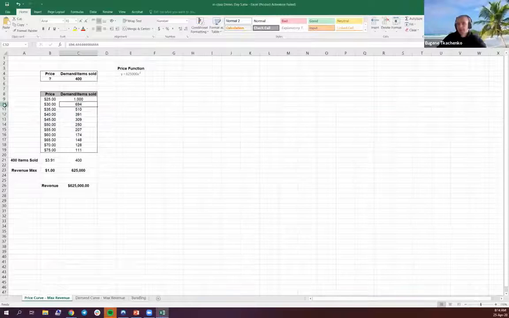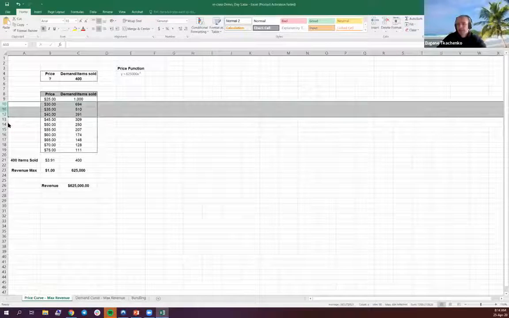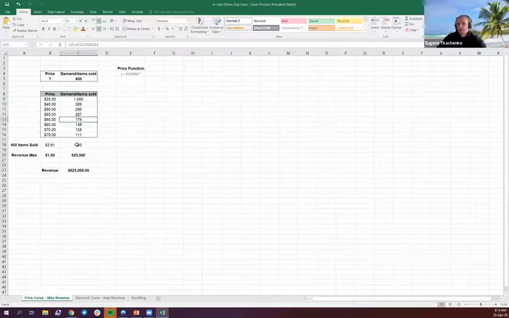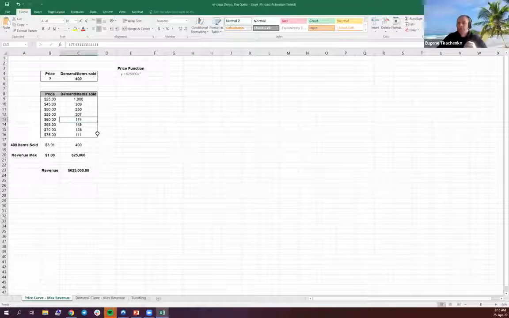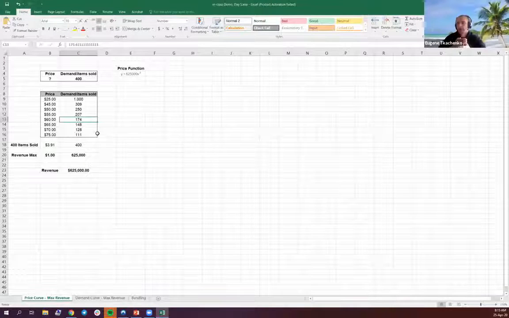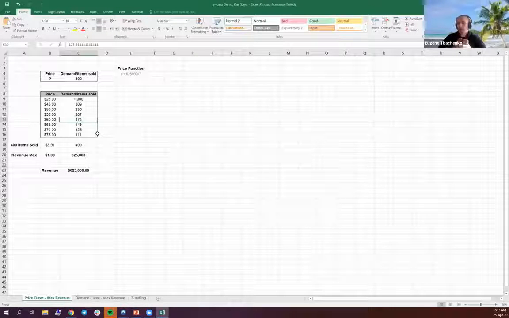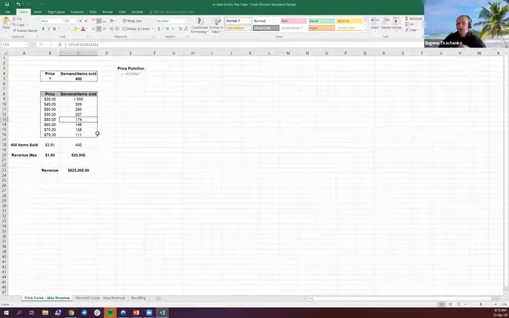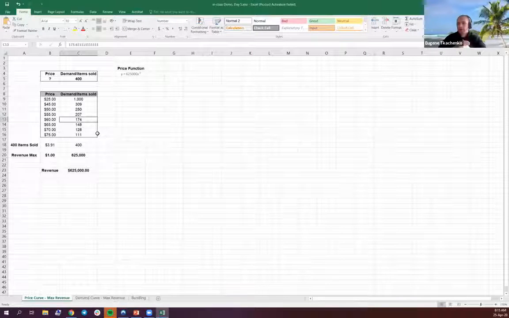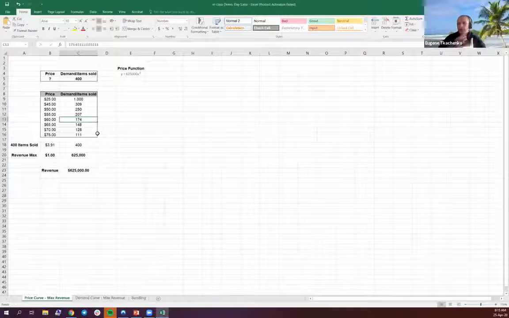So let's say these three. And then, for example, in this particular month, or moving forward from this point in time, you are only able to operate with 400 items for every given month. And you want to calculate the optimal or the best price for your products. So how can you do it?